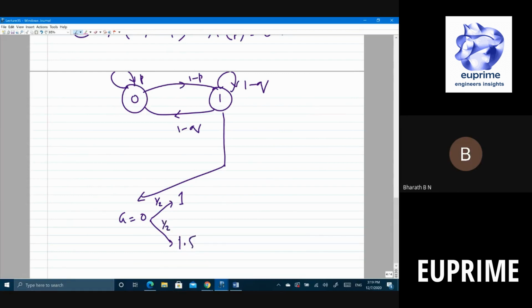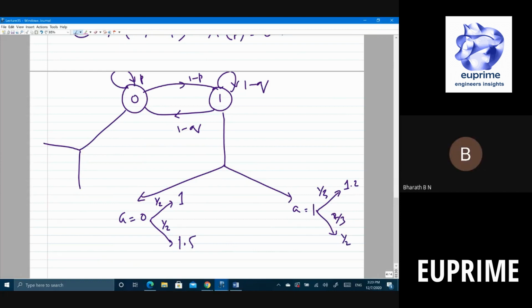If you take action 1, for example, the reward could be 1.2 with probability 1 by 3, and maybe half with probability 2 by 3. This can be the specification, and similarly you have the same kind of split here. This is the kind of problem that we are looking at. Is that okay? Fine. Yes, sir.